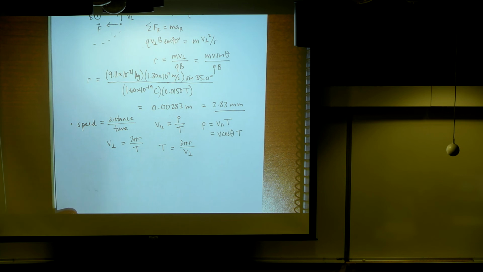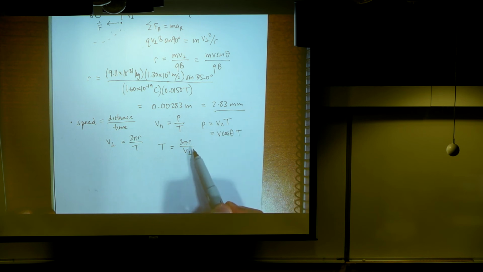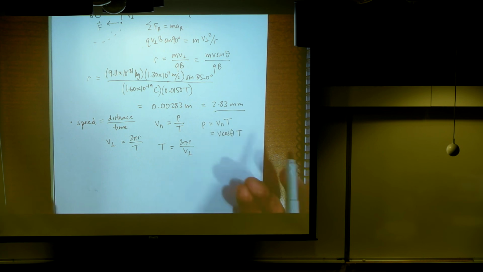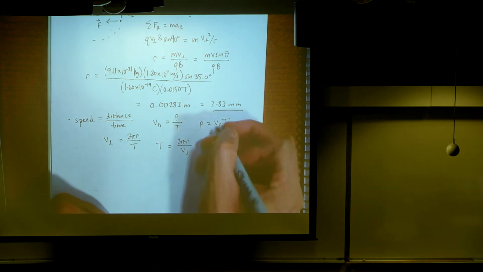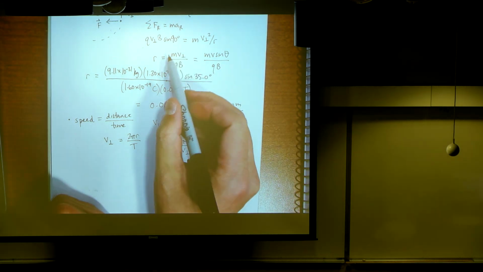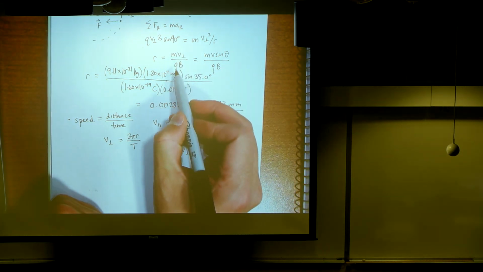And we could put a number to that. I could do this one of two ways. I could actually just put the radius that we just found right into this formula, because we know what V perpendicular is. Or I can make a substitution. I'm going to do it using a substitution. We found that the radius, if we go up here, was m V perpendicular over qB.